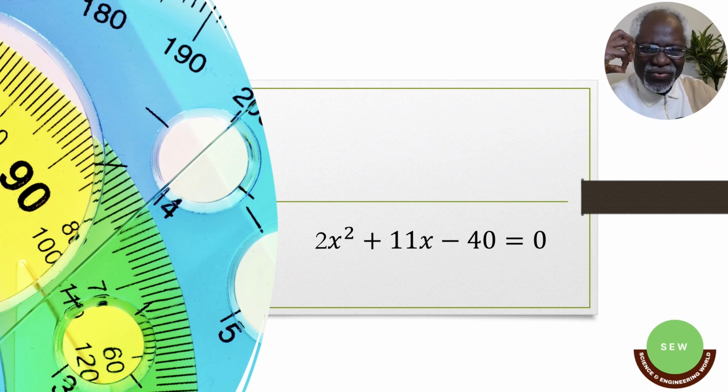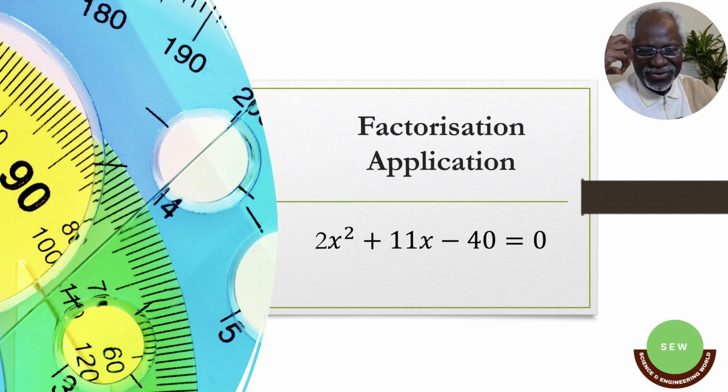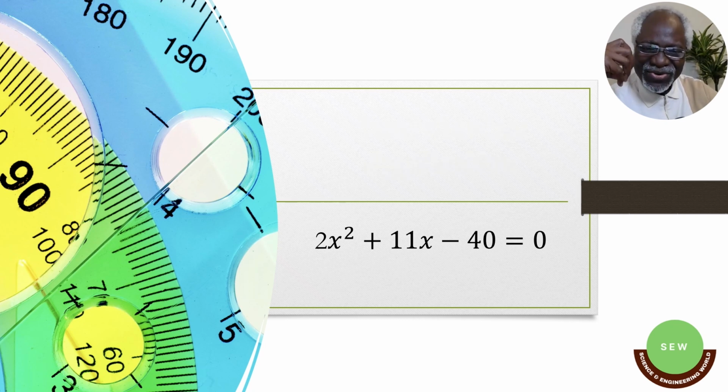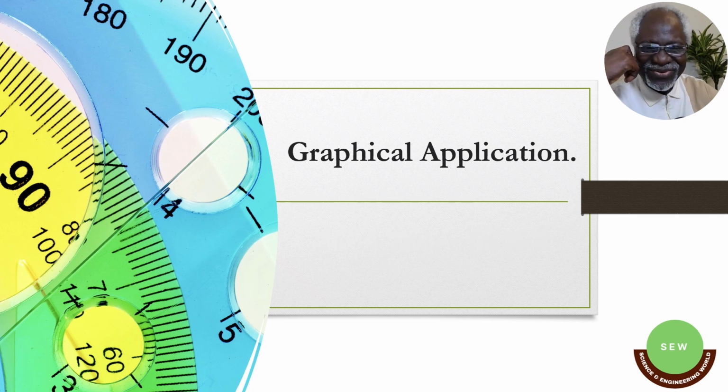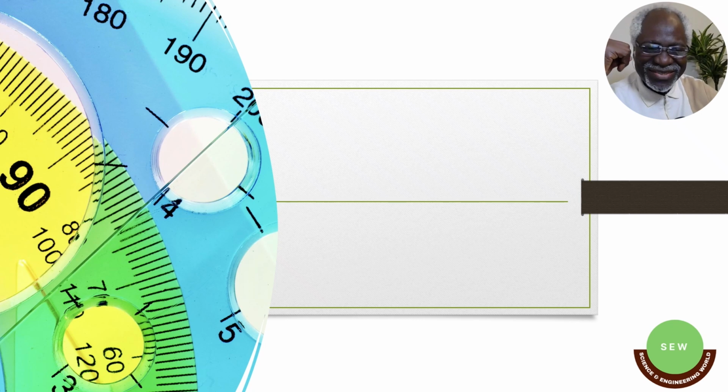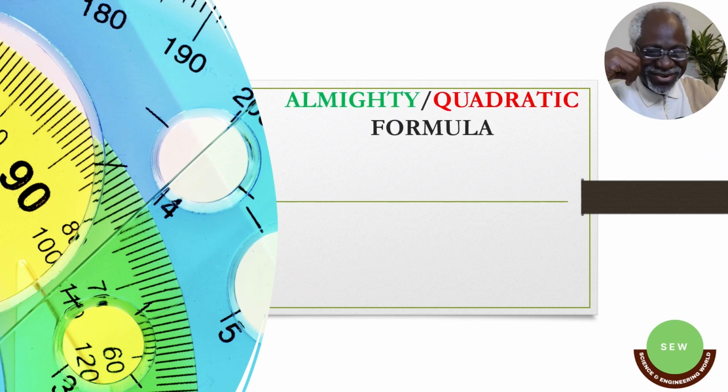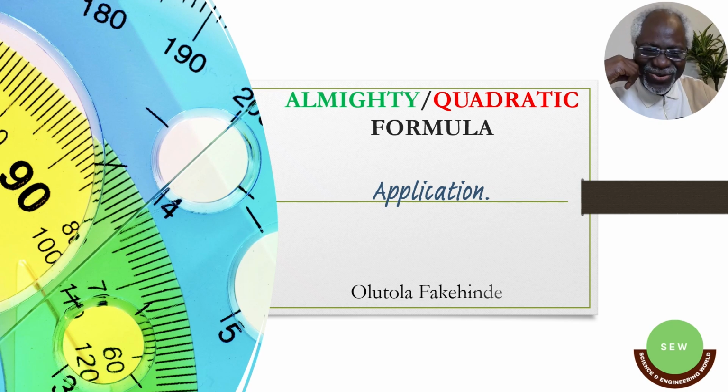Then we also walked through the factorization method with the same problem. We also demonstrated this same problem with graphical methods. Now, we want to look at this same problem with what is called the almighty or quadratic formula. My name is Olutola Fakehinde.